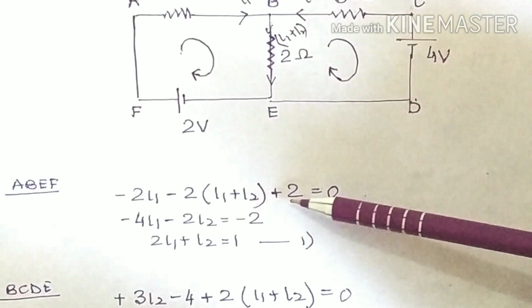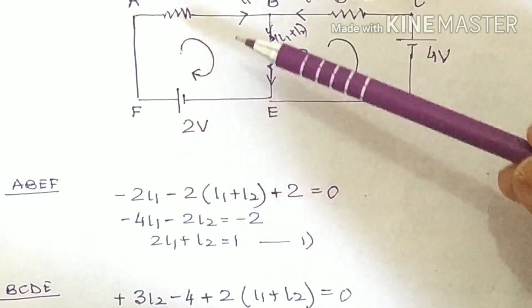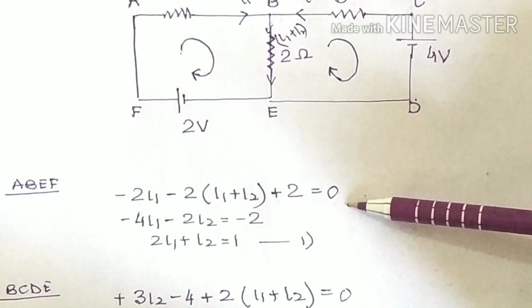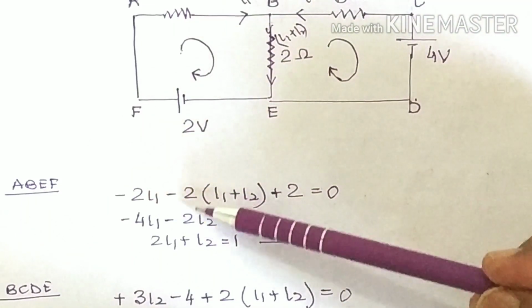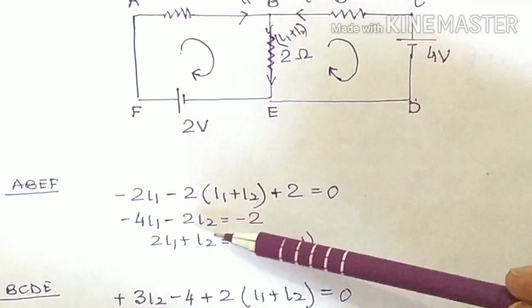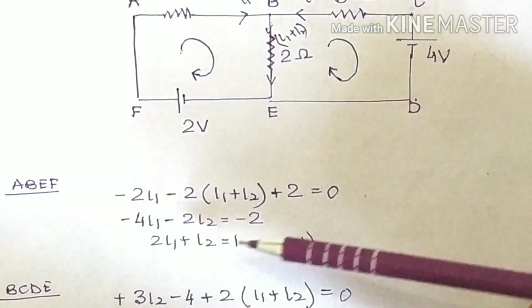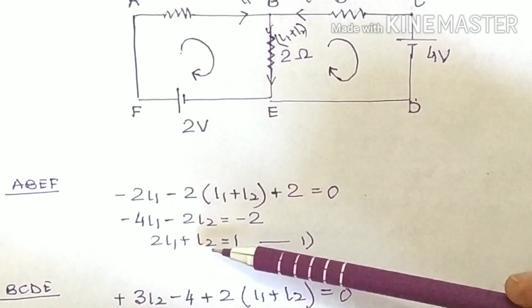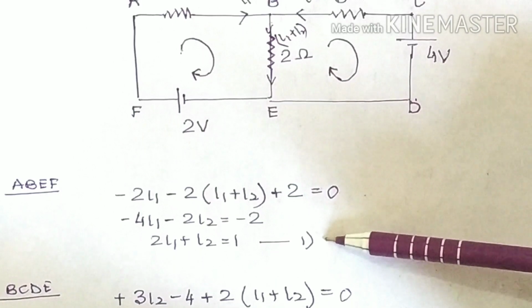So the algebraic sum of potential and EMF is 0 for the first loop. Minus 4I1 minus 2I2 is equal to minus 2. Shift over here and you will get the equation 2I1 plus I2 is equal to 1. This is equation number 1.